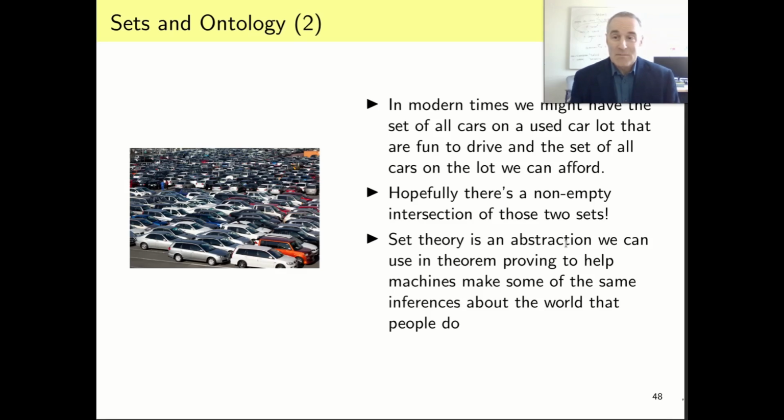So set theory is an abstraction that helps us in theorem proving. It helps us to describe the world. It helps us to make systems that can tell us interesting things about the world by following mechanized mathematical procedures. And we want systems ultimately, I believe, that help us make some of the same inferences about the world that people do.